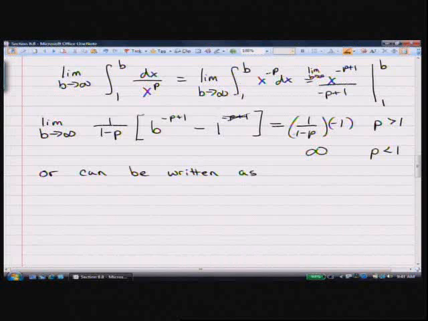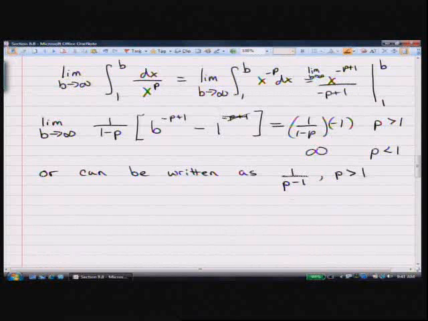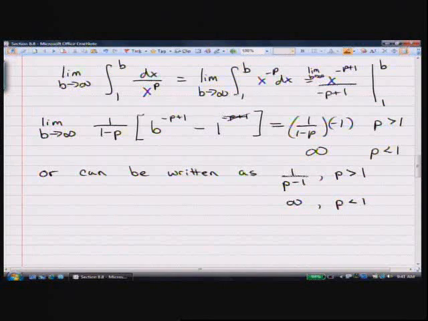And so you could write this as p minus 1 and just ditch that negative. Does that make sense? So you could write this as 1 over p minus 1 when p is greater than 1, or infinity when p is less than 1. Is that okay? All right.